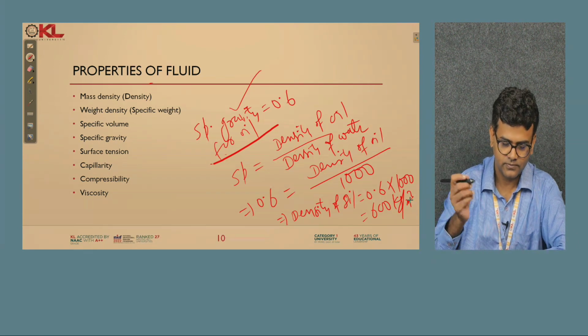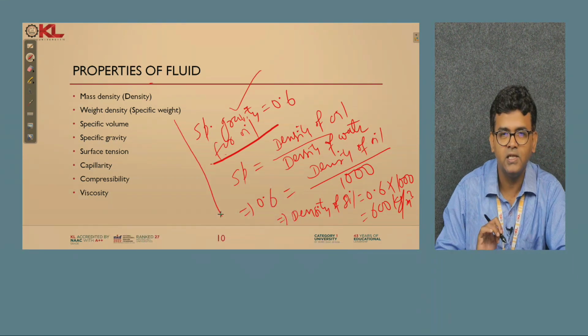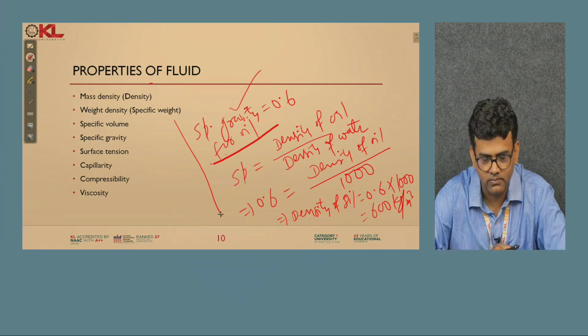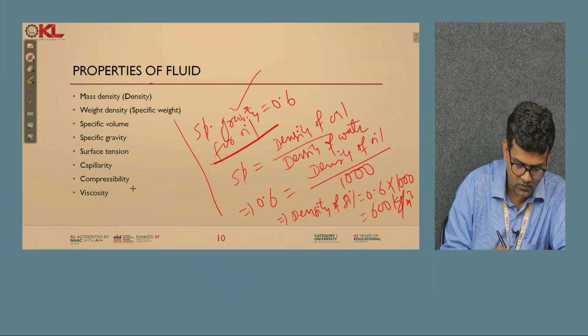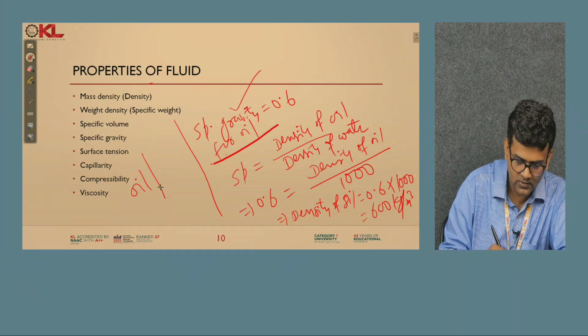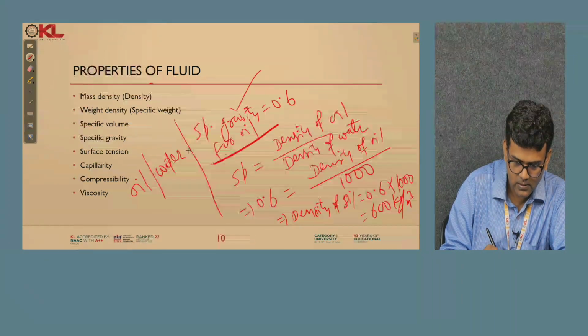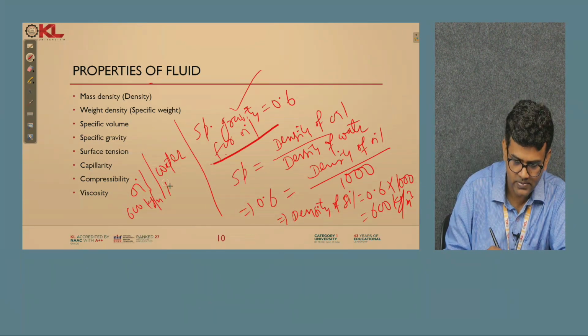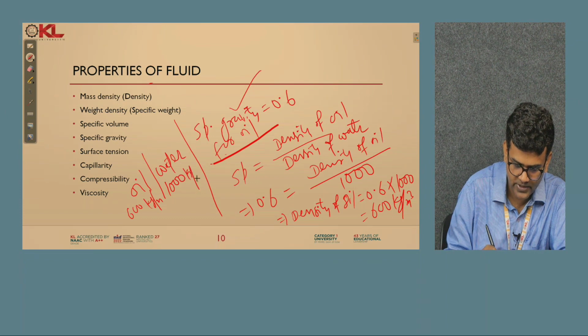Now we can see here density is the mass upon volume. How much mass is there per unit volume? If you have one oil and one water, oil has a density of 600 kg per meter cube, and water has 1000 kg per meter cube.